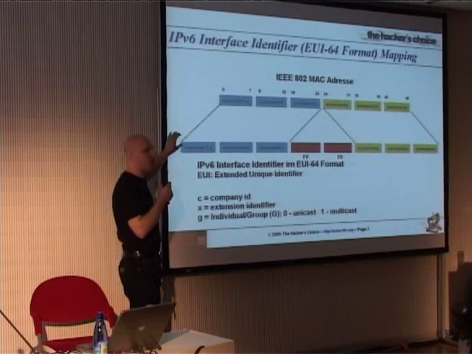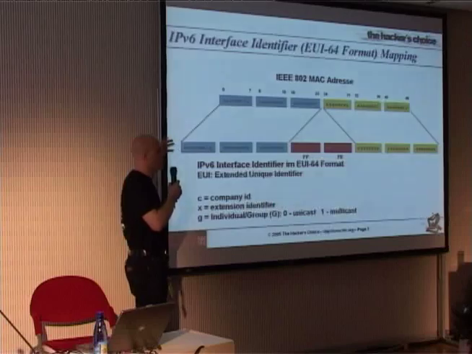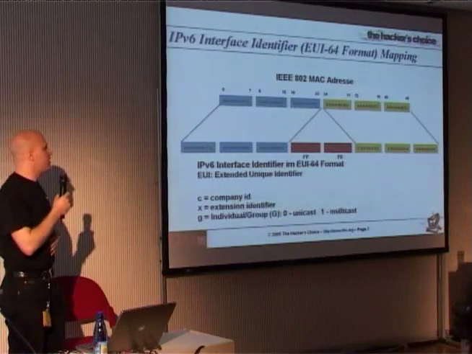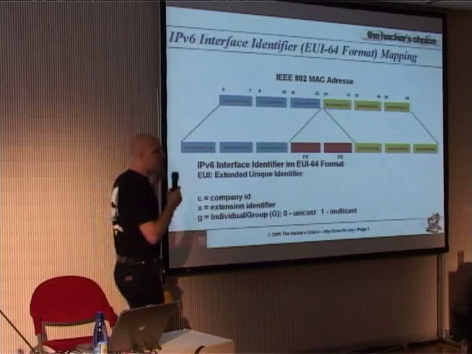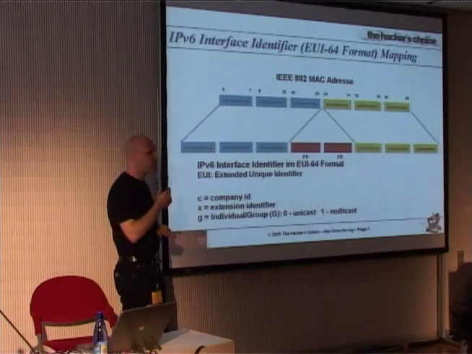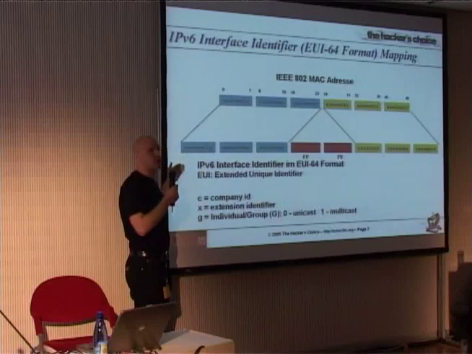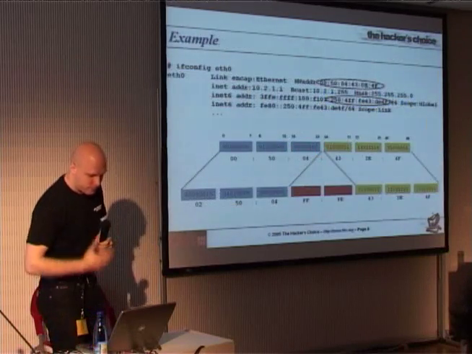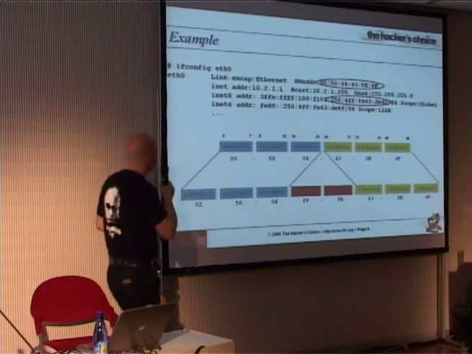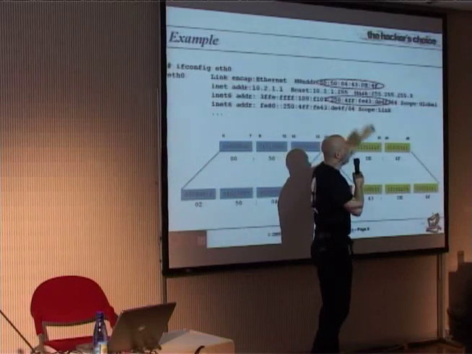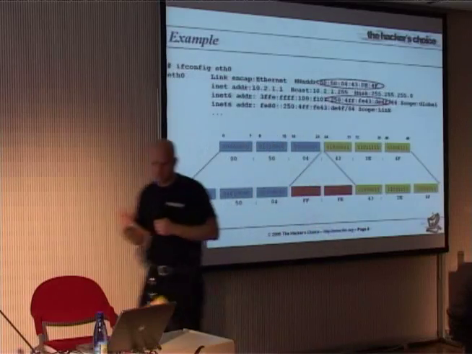So you can have a privacy extension, so your IP address is not reflecting your MAC address. But normally, this is what is done. And it's actually pretty clever because a MAC address is usually unique unless you manually reconfigure it. So there will be no collision in IP addresses. In this basic example, if this is your hardware address, this will be the host part of your IP address.